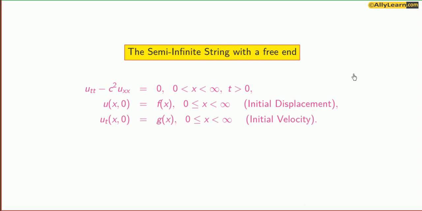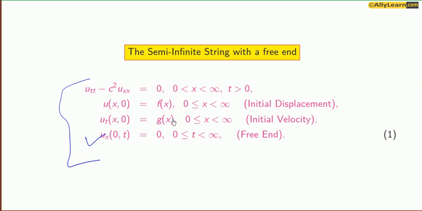Next, u_t(x, 0) equals g(x) for x non-negative represents the initial condition for initial velocity. And next we have the free end condition, that is u_x(0, t) equals 0 for all times t. So this is the mathematical version of the semi-infinite string problem with the free end.